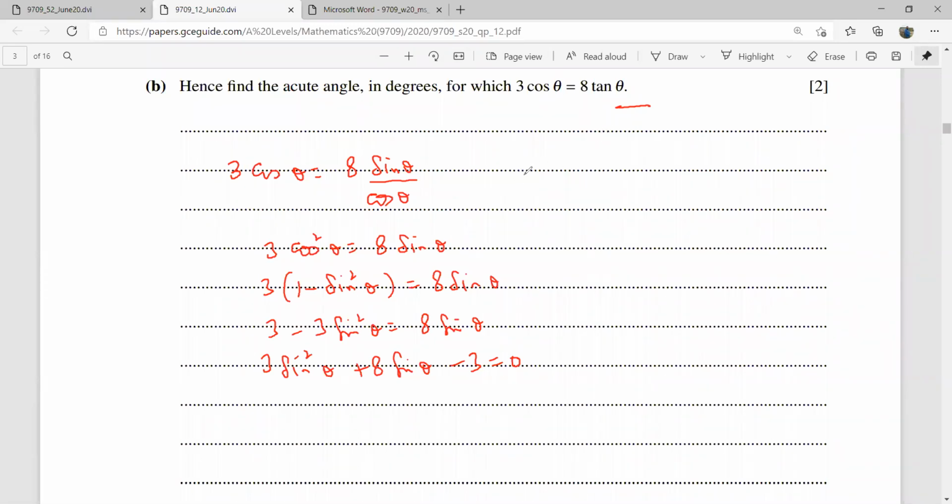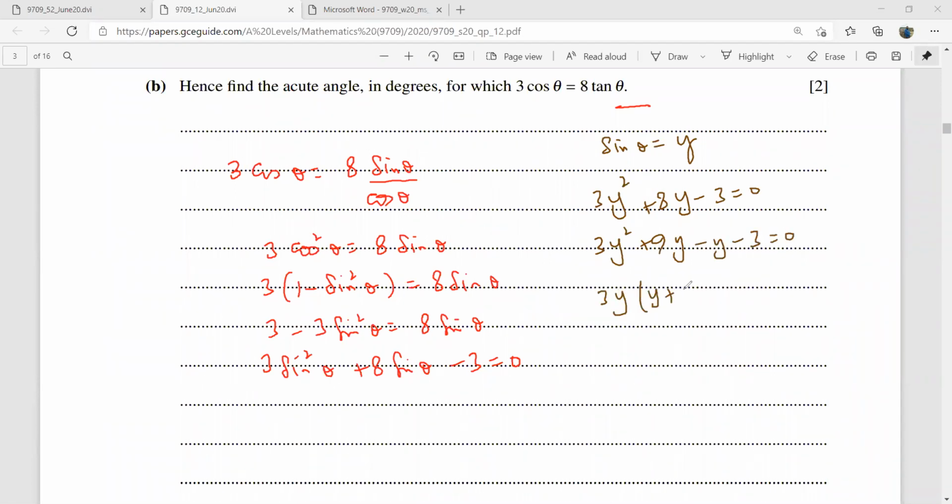Then the equation is 3y squared plus 8y minus 3, and we can factorize this. You have 3y into y plus 3, minus 1 into y plus 3. You have 3y minus 1 into y plus 3 equal to 0.